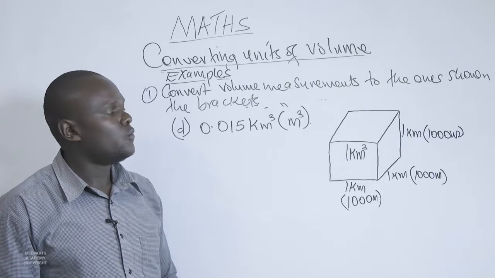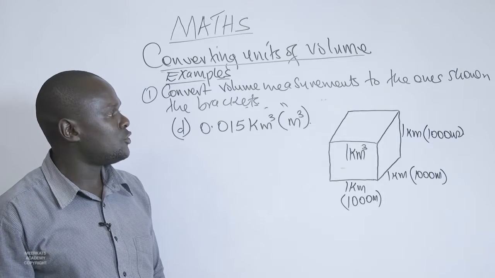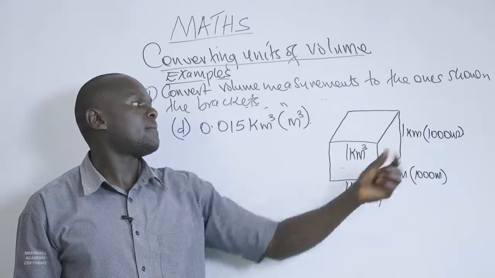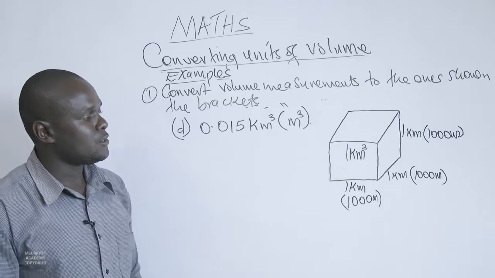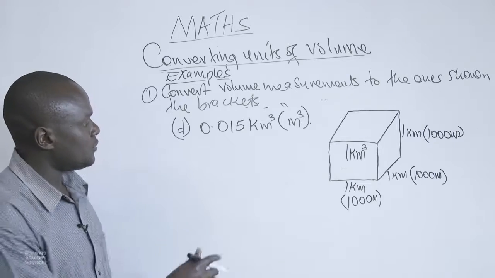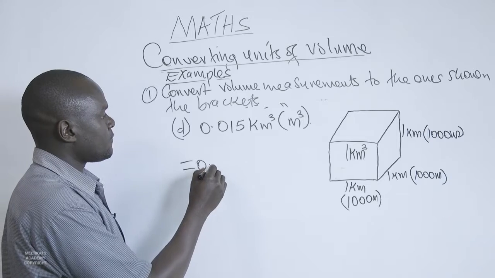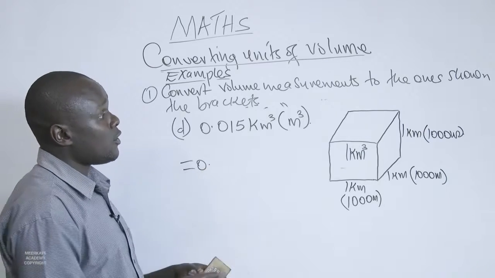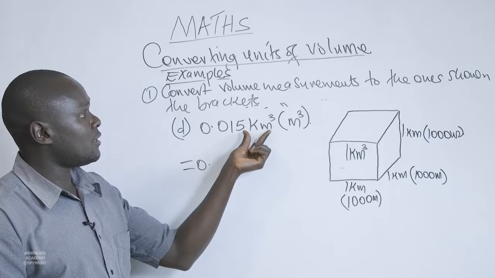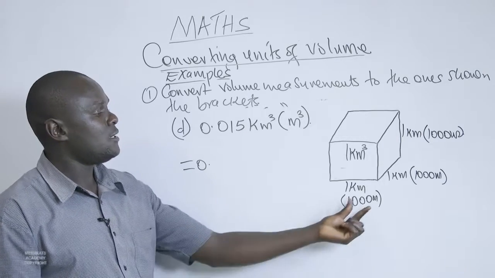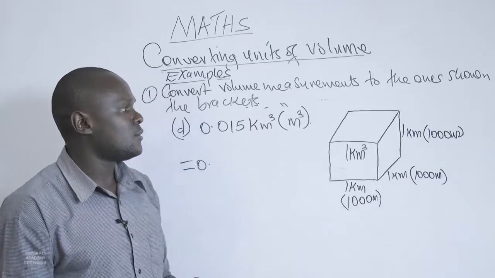We need to perform some multiplication by the established factor, which is 1,000 cubed.